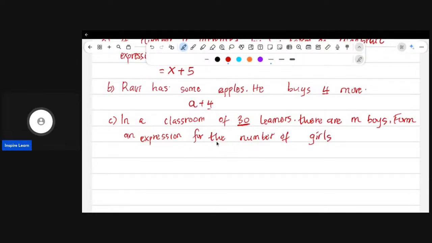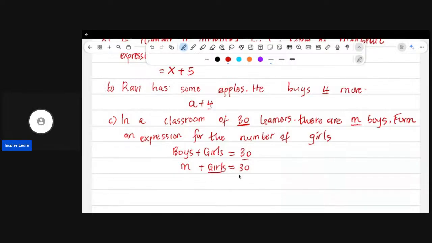So we're going to talk about the learners. If we add the boys plus the girls, you're going to have what? The class has got 30 learners. But again, what have we been given? We have already been given that there are m boys. So m plus girls gives us 30. Then are we going to remain with the girls here?